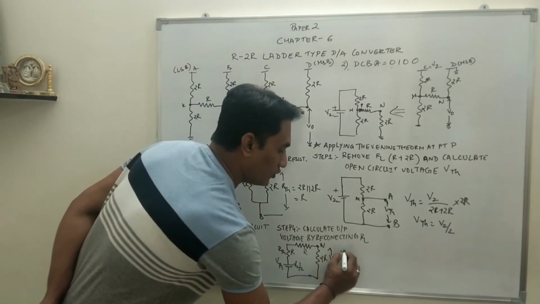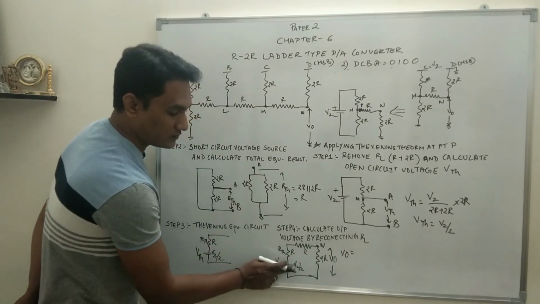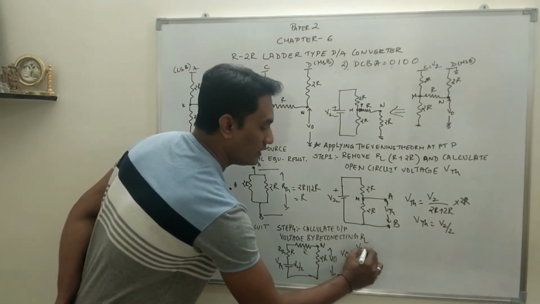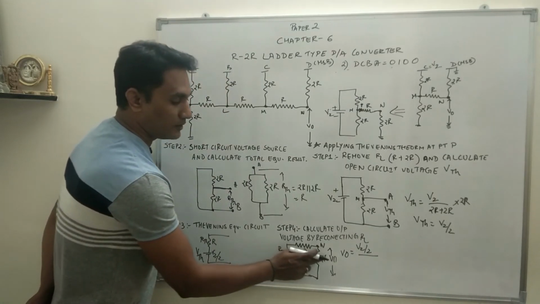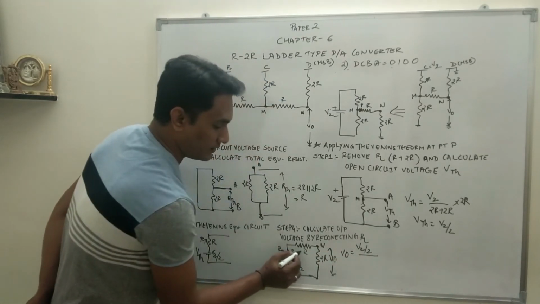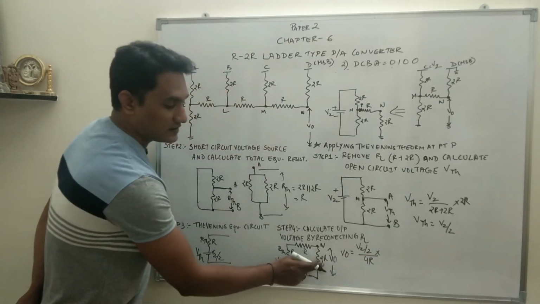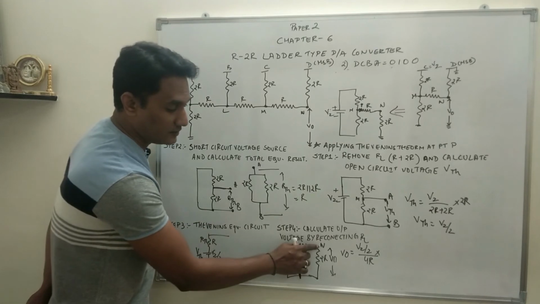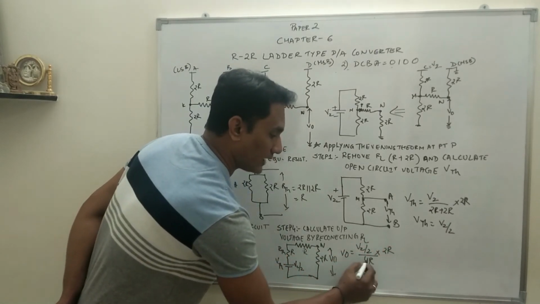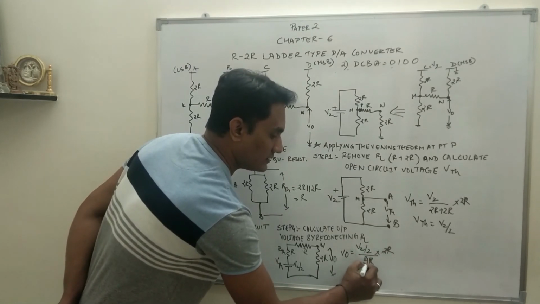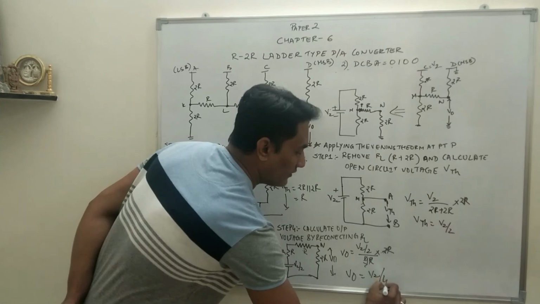So for the output voltage, V0 is equal to the total voltage, V2 by 2, divided by the total resistance R plus 2R, that is 4R, multiplied by the resistance across which the voltage is taken, between N and ground, which is 2R. If you calculate this value, R gets cancelled, this is 2. So V0 is V2 by 4.